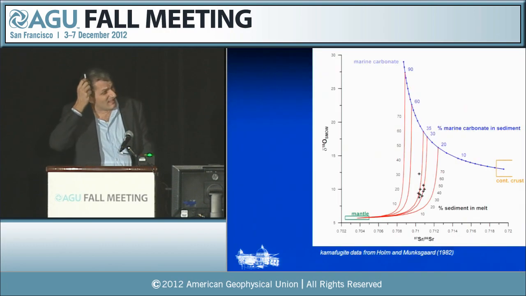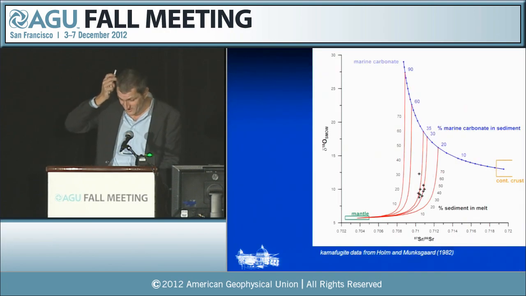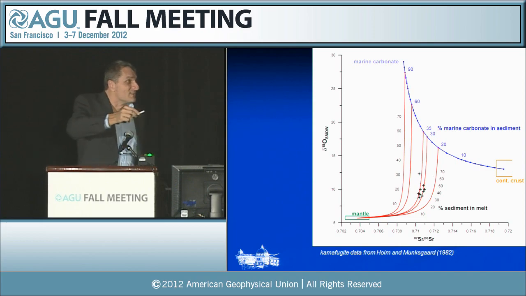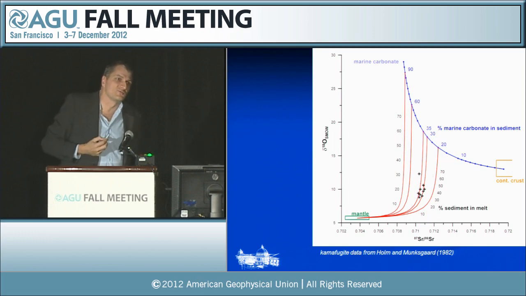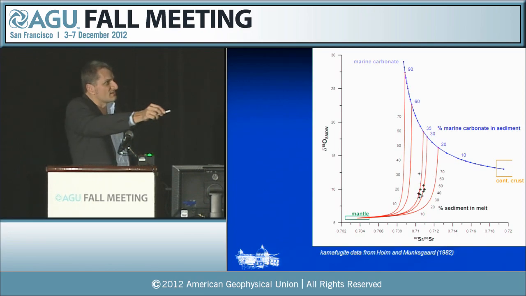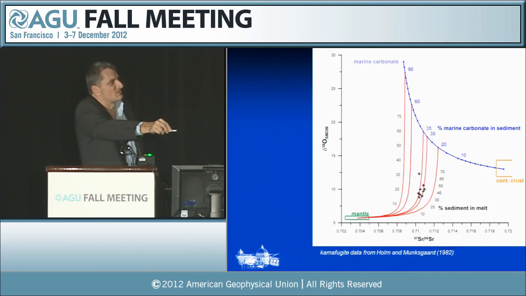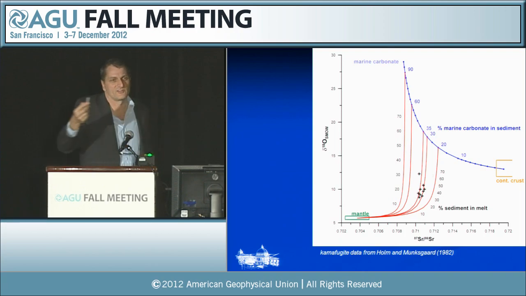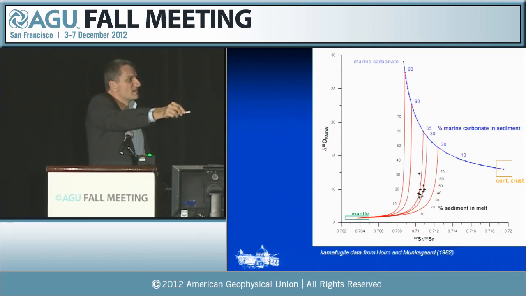Okay. So why is this interesting? The prevailing model on how to make these CO2-rich magmas is to assimilate carbonates in the crust. Yeah? So this is isotopes, oxygen against strontium. Up there is marine carbonate, down here is continental crust, and you can mix that up. So percentage is very easy mixing calculation.